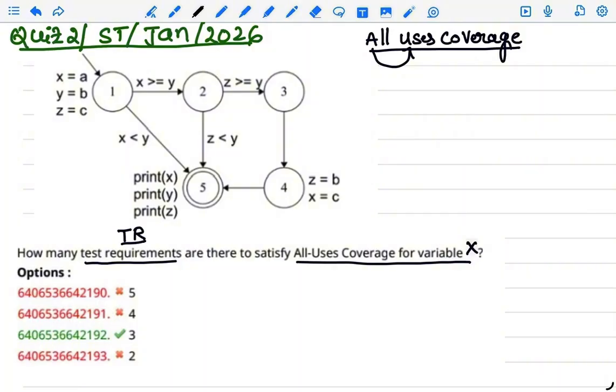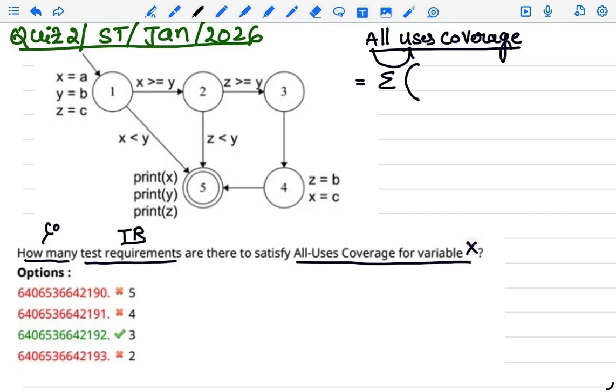You want to cover all the uses from each definition, that is, in all-uses coverage, which is the sigma, that is the sum. Here they are asking how many, right? That is the count.